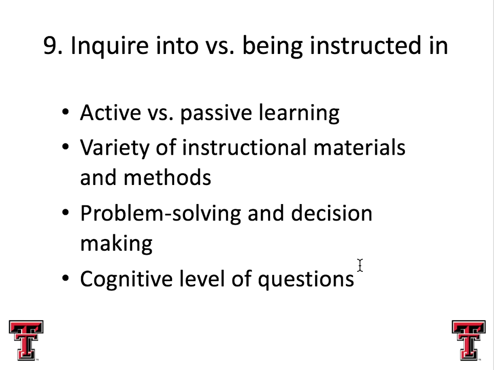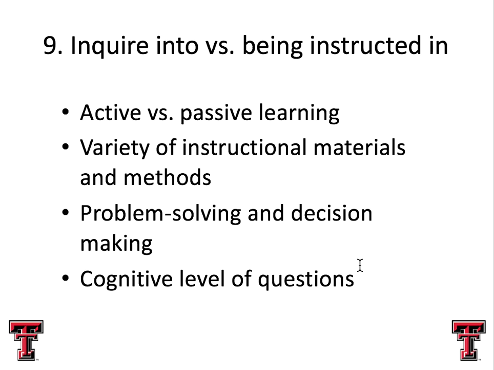Principle number 9: inquire into versus being instructed in. So this is the active versus passive learning. You want to have a variety of instruction materials and methods. We already talked about variability as being a characteristic of effective teaching. So have a variety of instruction materials. Use problem solving, decision making, and use different cognitive levels of question. We're going to talk about cognitive levels of questions in the next lesson on Bloom's taxonomy.